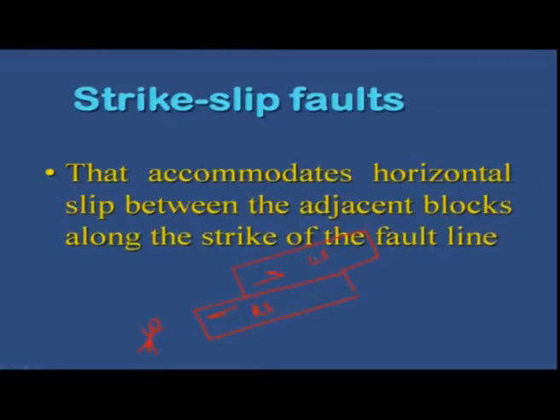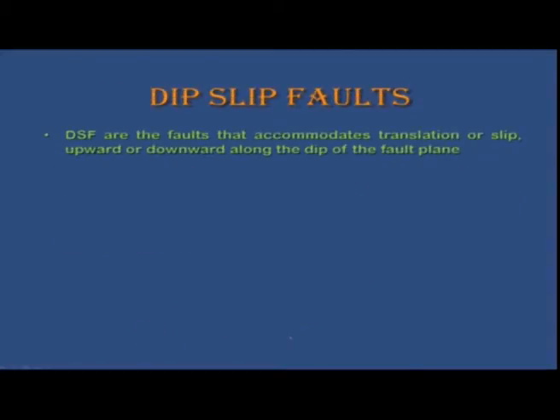So, in short, strike slip faults accommodate horizontal slip between the adjacent blocks along the strike of the fault. The strike of the fault will be somewhere here. Dip slip faults, again, are the faults that accommodate translation or slip upward or downward along the dip of the fault plane.